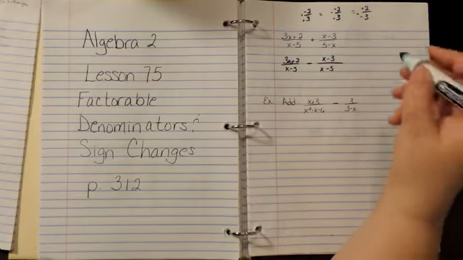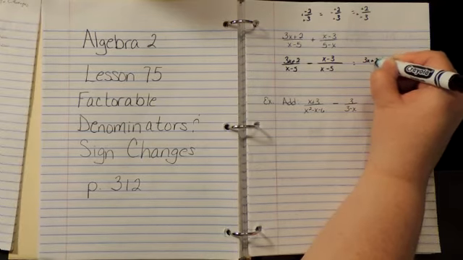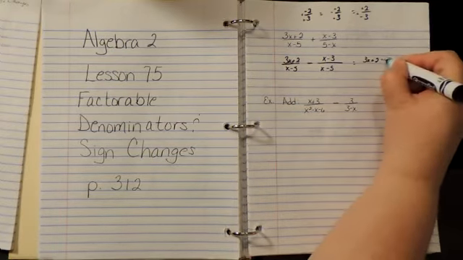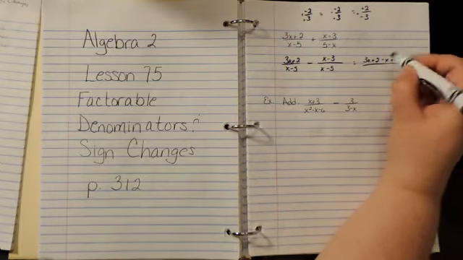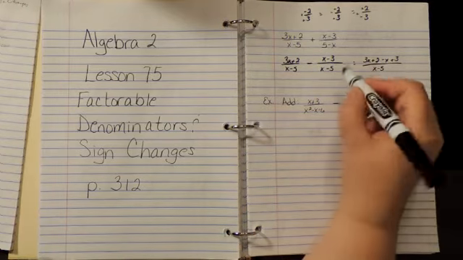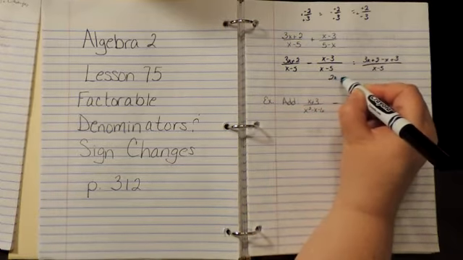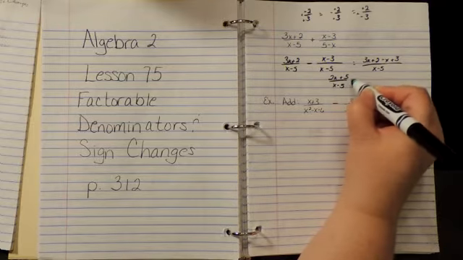Okay, now we can add these together. So this will be 3x plus 2 minus x plus 3 all over x minus 5. And now we'll put like terms together, so we'll have 2x plus 5 all over x minus 5.